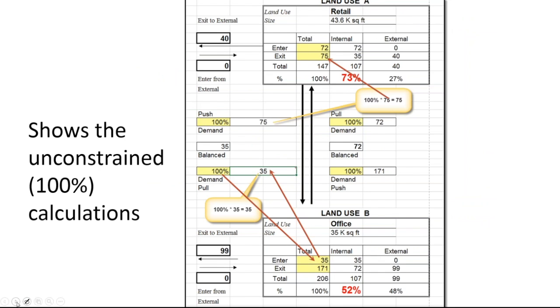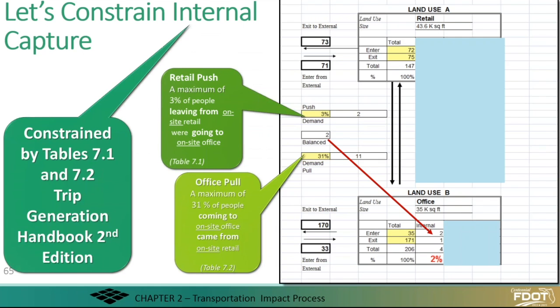And I'm not going to go over this right now. This will be in your handout in case you want to go over how everything was calculated. But what I am going to get at is how we constrain those numbers based on data that we've collected. Historically, tables 7.1 and 7.2 of the Trip Generation Handbook have these maximums.